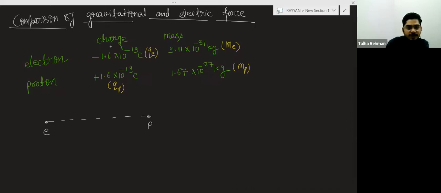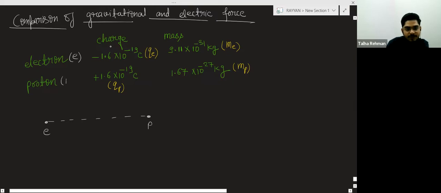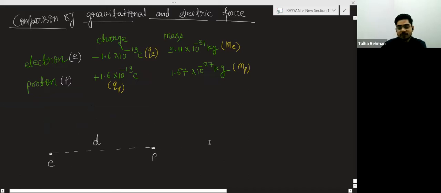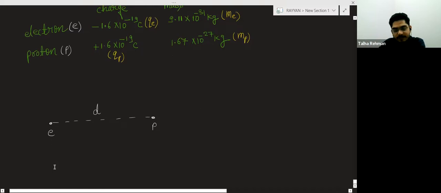I represent the electron with E and the proton with P, and the distance between the electron and the proton is d. See, this is a very important concept. So the electron and proton are separated by a distance d, and each has a mass and a charge.